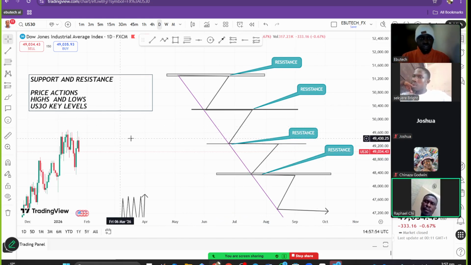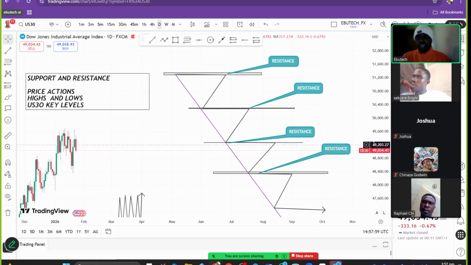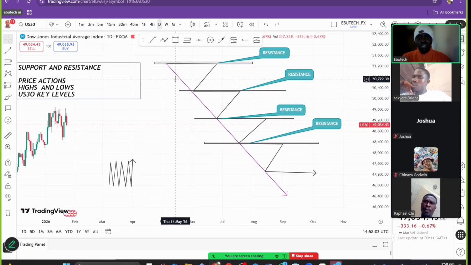Now this is first of all a downtrend. Once you see a market moving like this, you already know that this market is a downtrend. You have already identified that.